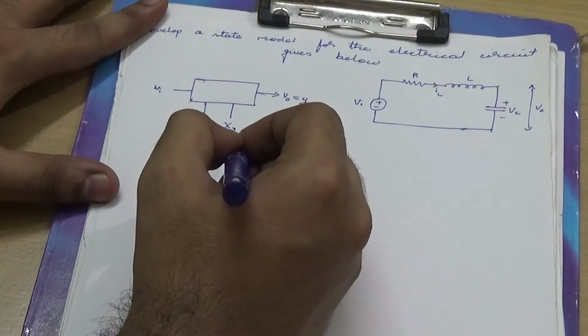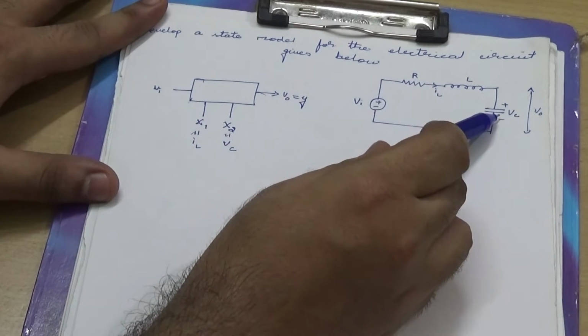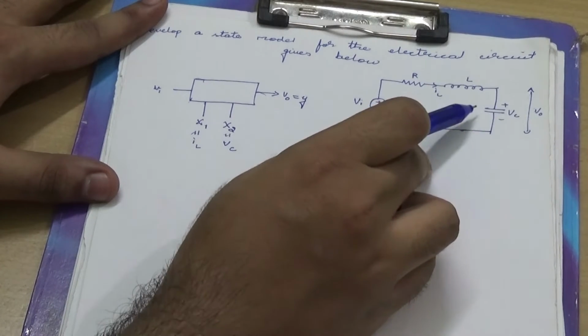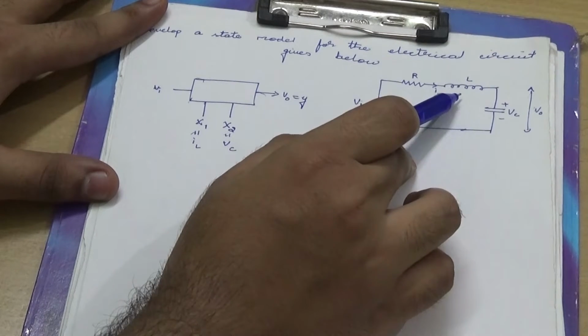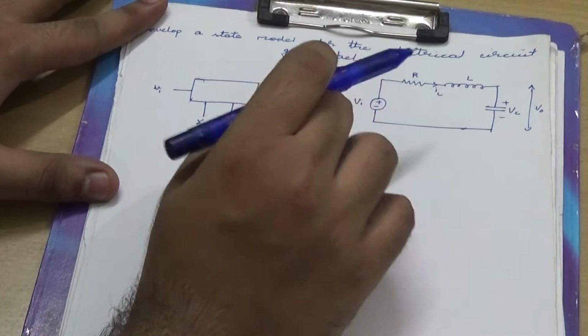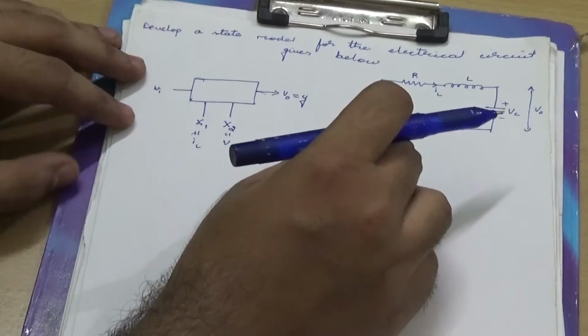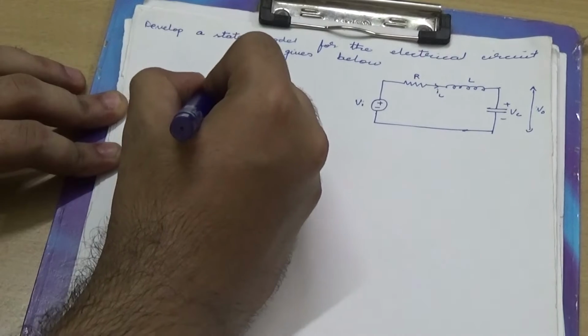The reason only these two are the state variables is that the inductor and the capacitor are the memory elements of the circuit, because the current through the inductor and the voltage across the capacitor can be taken as the state variables. This represents the system.